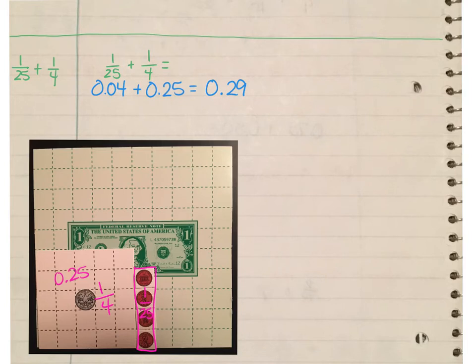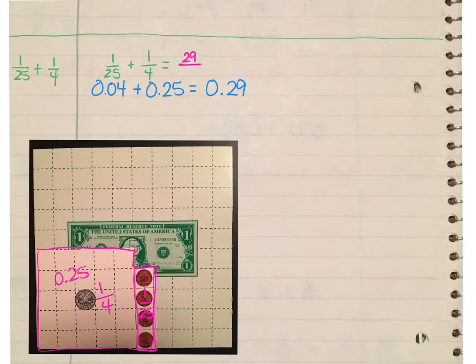Is there any way we can move them around to make something that's the same? We have 29 pieces counted right here. So 29 I'm going to write as my numerator because that's how many we're talking about.